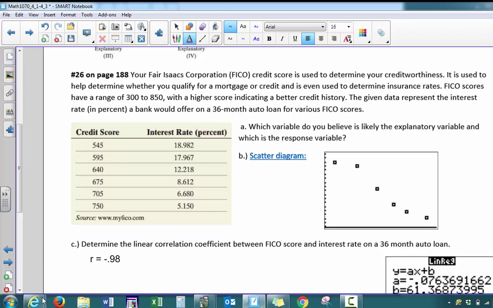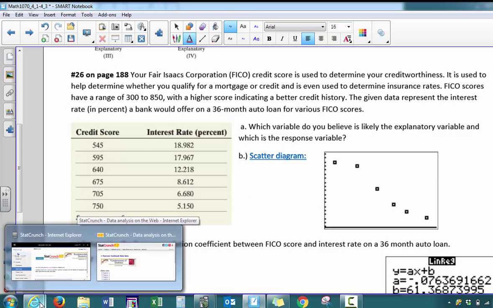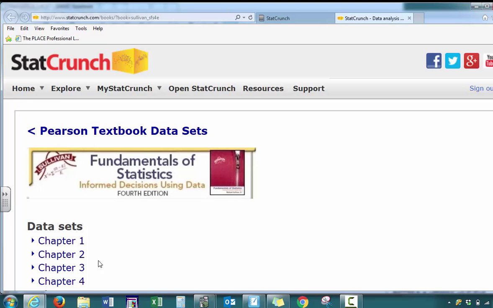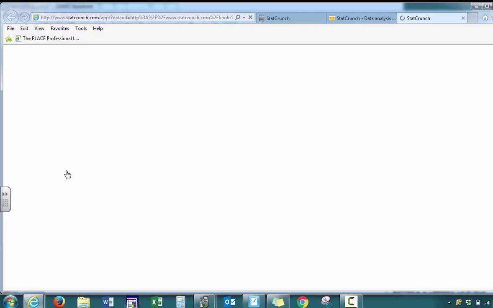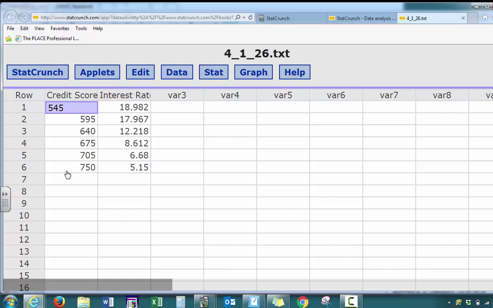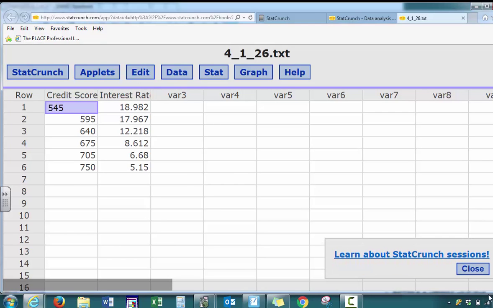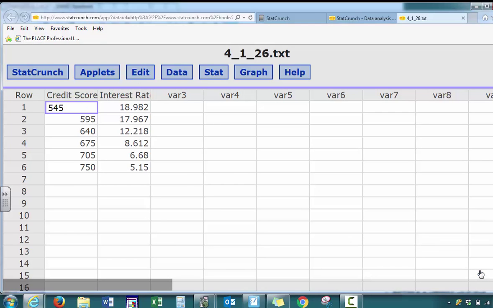So this problem is coming from problem number 26 in chapter 4. We'll try section 1. Yes. So data is already in. Of course, you could open StatCrunch and type the values in as well.